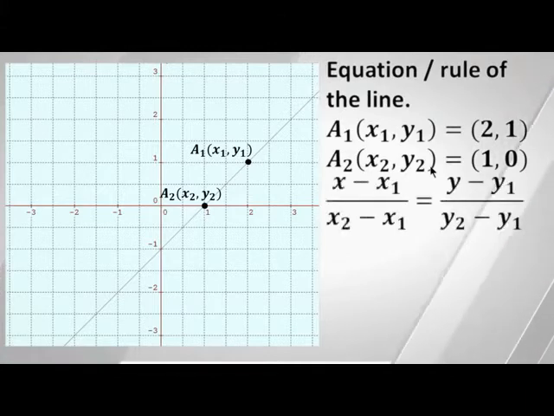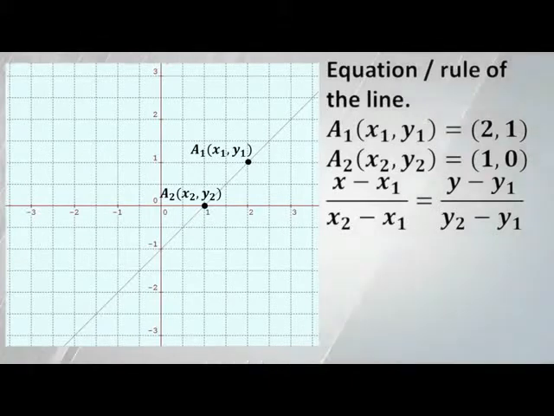And this is the formula for how to find the equation or the rule of a straight line if you choose 2 random points from the line. x minus x1 per x2 minus x1 equals y minus y1 per y2 minus y1. Now we have found the values of x1, x2, y1, y2. Now we just simply need to substitute the values into this equation.